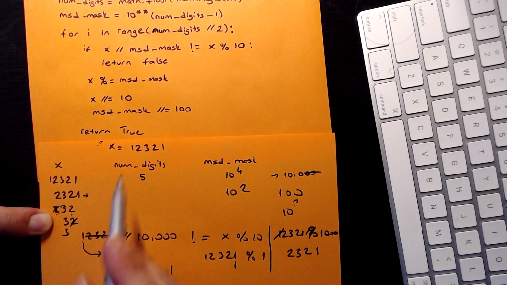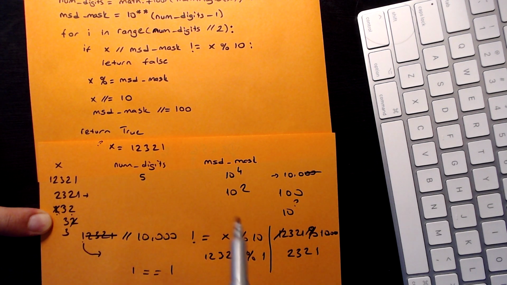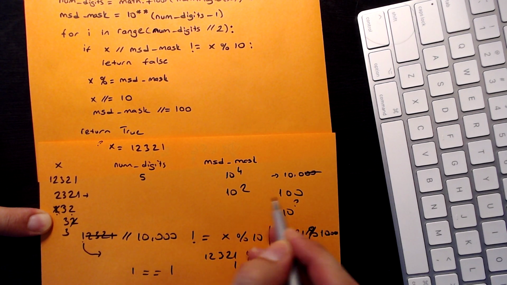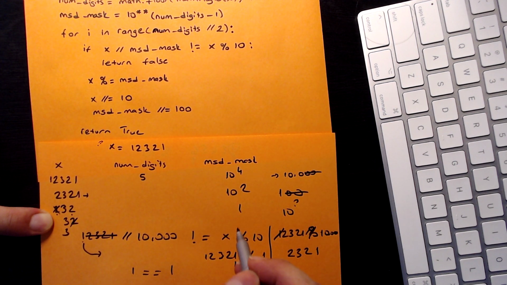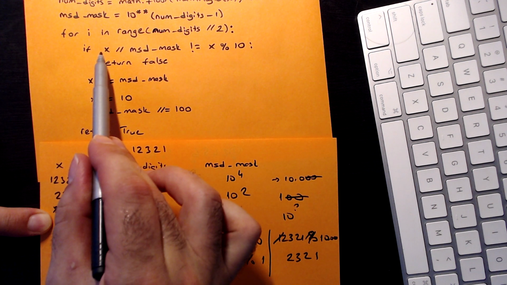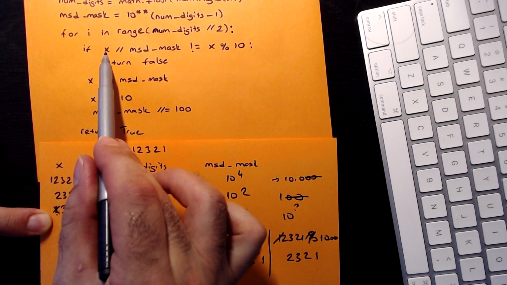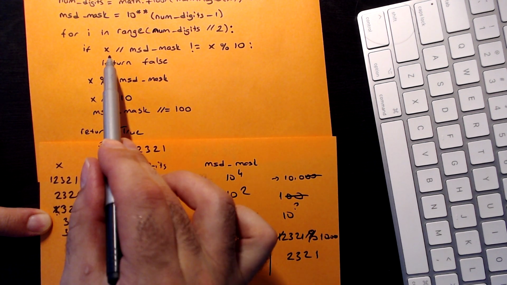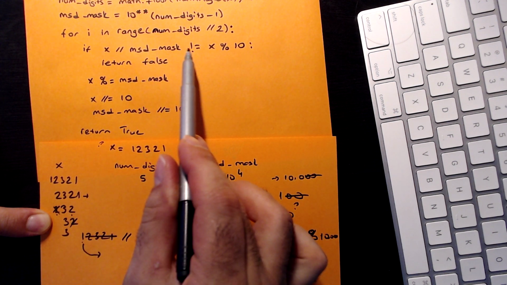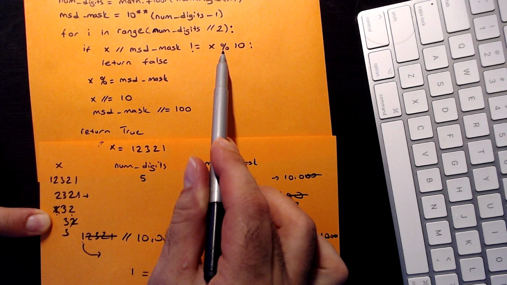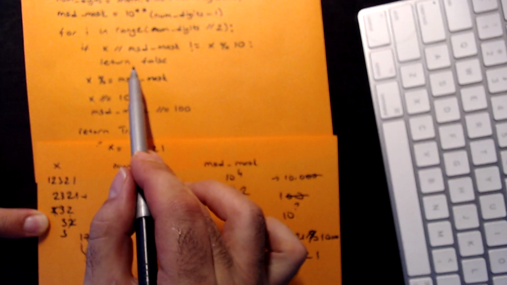And then our mask, we are dividing it by 100, getting rid of two zeros, so our mask becomes 1. And we come back to our loop. In this case, x floor division by 1 is giving us 3 and x modulo of 10 is giving us 3. It's the same number. We're not returning false.